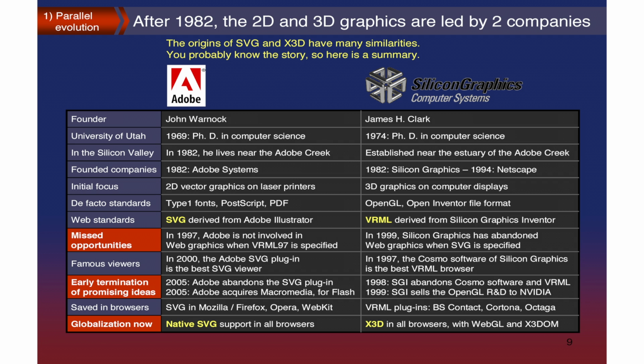After the research phase, the industry started to produce commercial applications, and the main companies in graphics were Adobe and Silicon Graphics, both founded the same year by 2 former students from the University of Utah.